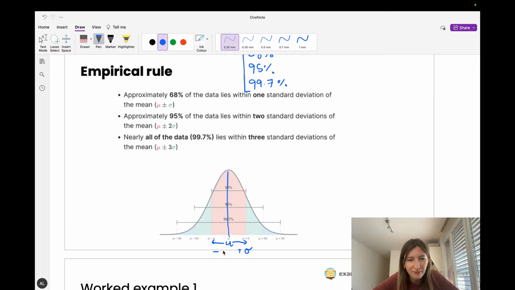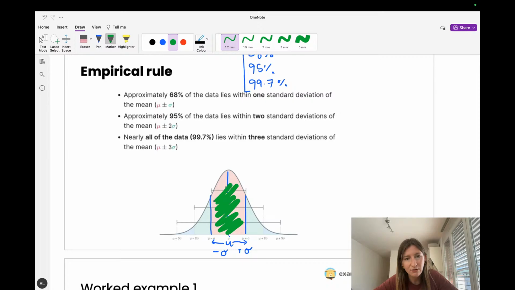So let's just shade that. All of that is going to be our 68% of the data. That doesn't include that and doesn't include that. That makes sense, right? 68% of the data is there.